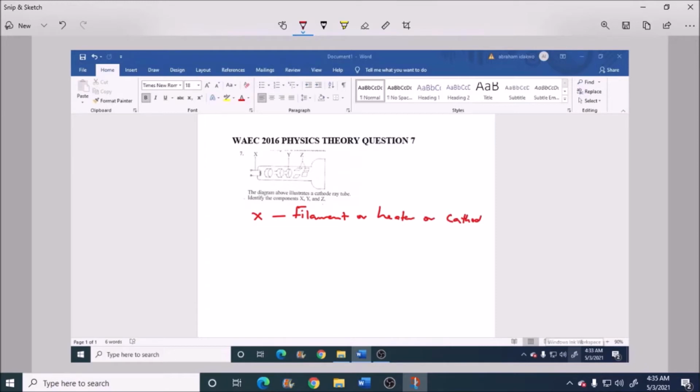Then Y is the anode, and then Z is the plate. It's called the plate or the deflectors. Thank you. These are the cathode ray tube components.